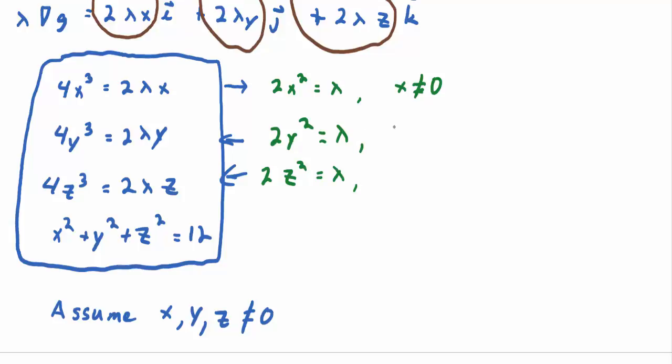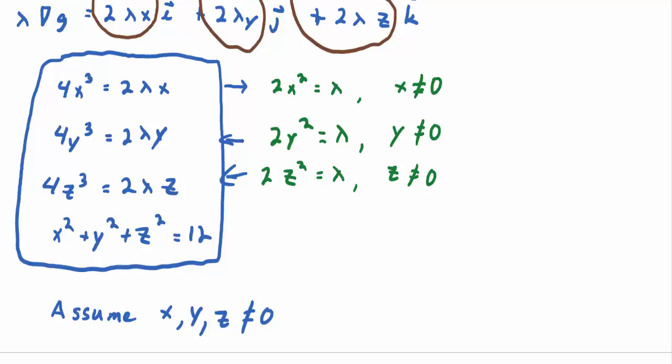In the second equation, y does not equal 0, right? And I'm writing it down so that I don't forget to go back and see what happens when y can equal 0. Same thing here. So I'm going to see what happens when none of them are 0, and then I'll go back and check when one or more is 0. That's what's so easy to forget when you're new at solving these. You've got to look at all the cases where they do equal 0 and when they don't.